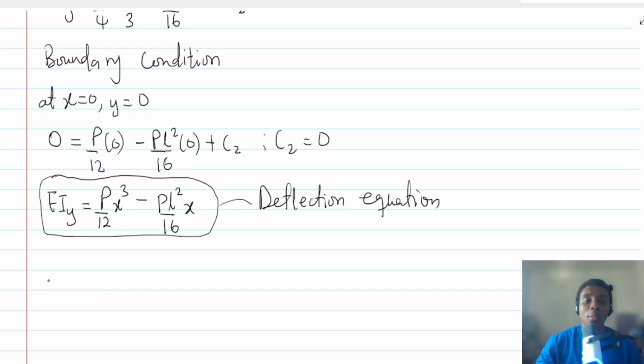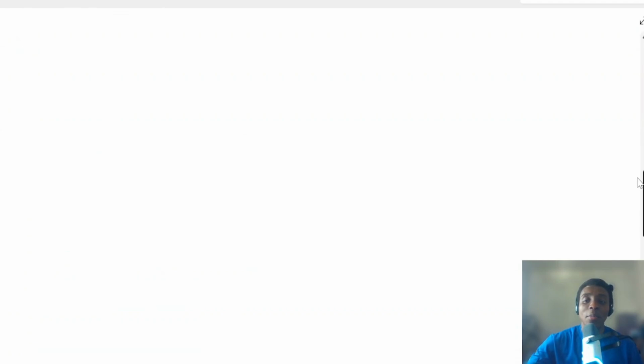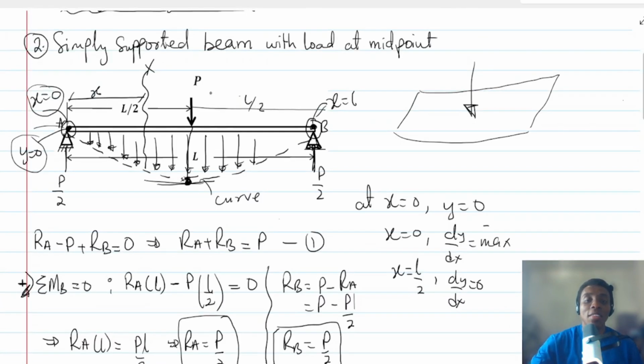For the maximum deflection, let's go back to the diagram and look at it. You have a curve like this. Where do you think the deflection will be maximum? Technically speaking, the deflection is going to be maximum exactly at the turning point. For a simply supported beam with a load at the center, at x equals L over 2, which is the center, the slope will be 0.